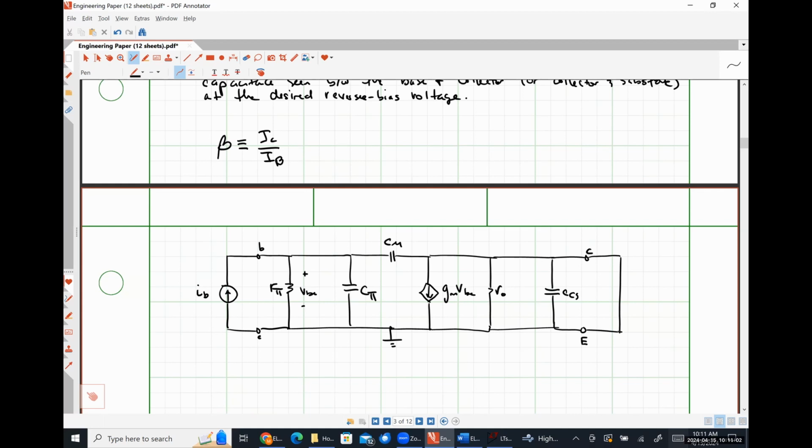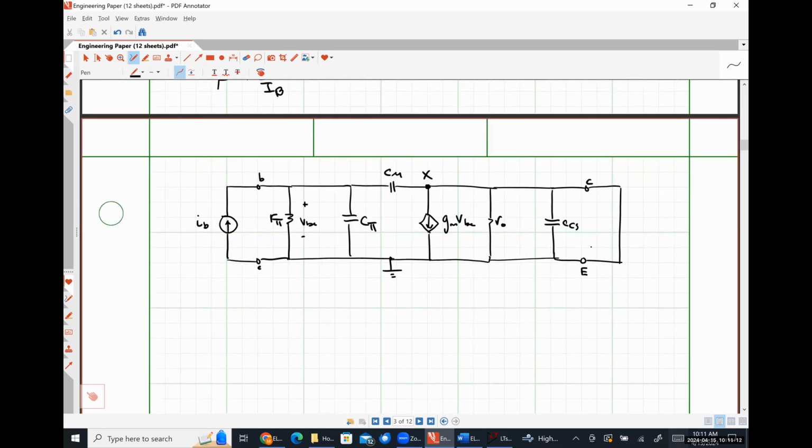Let's call this node right here node X, and let's call this current IC. We're trying to find the relationship between IC and IB because that will be our gain.